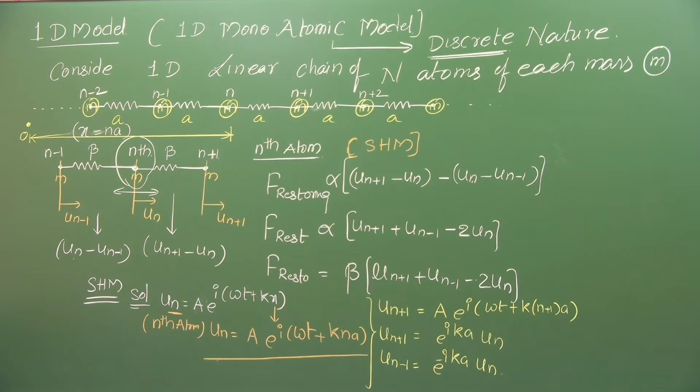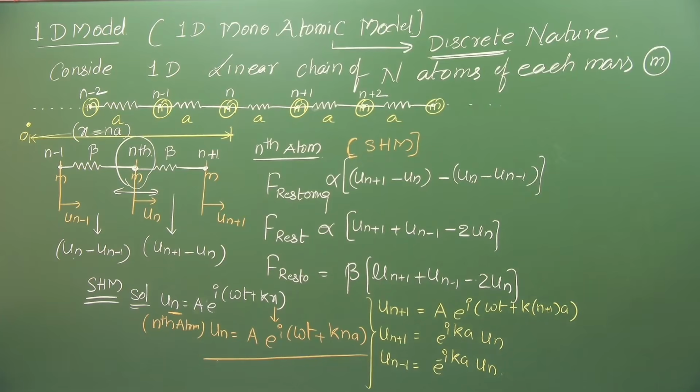Don't simply copy, you won't get interest while you are revising. Do it yourself, do it yourself. So the restoring force we have taken is beta times un plus 1 plus un minus 1 minus 2un.